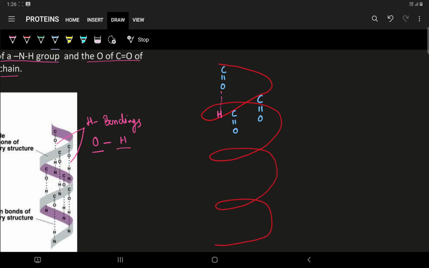Now see one carboxylic end here, it will be joining through hydrogen bonding with an amino terminal, the hydrogen present on an N terminal here. And similarly, another hydrogen bonding will be present here. I am saying once again, these are just representations, not a hard and fast rule. We can draw them as we like.